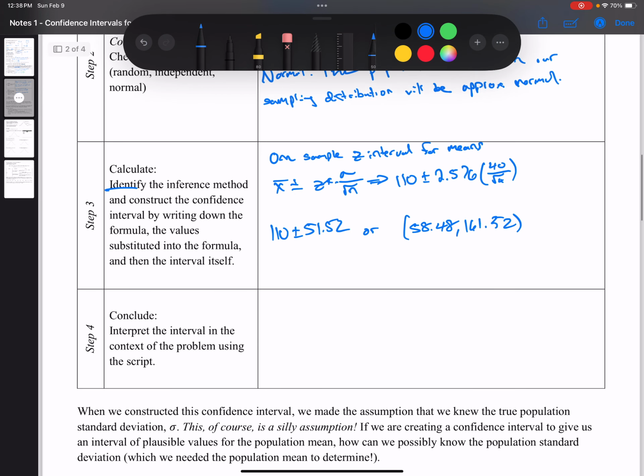And then last up, we've got to conclude, and we can use the same script we used for our last unit.